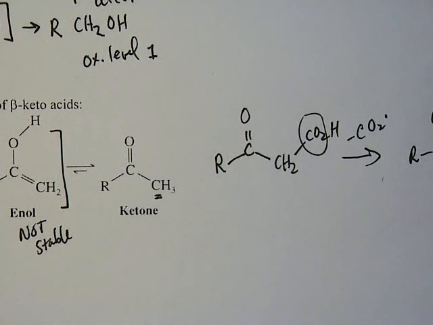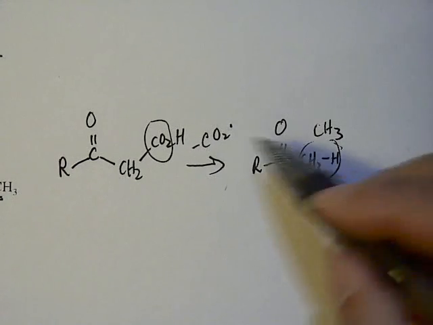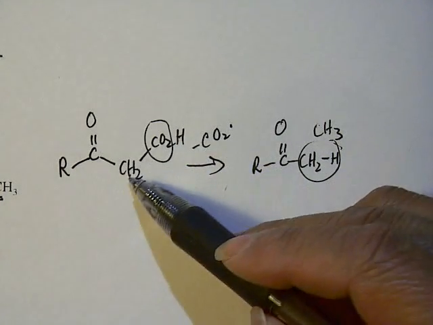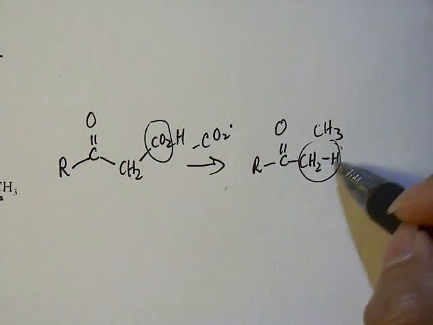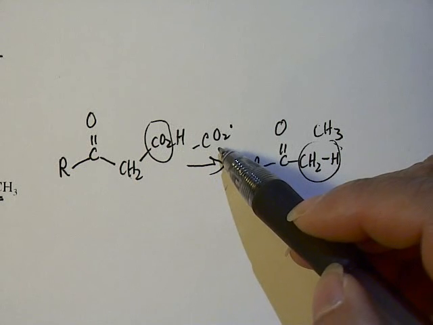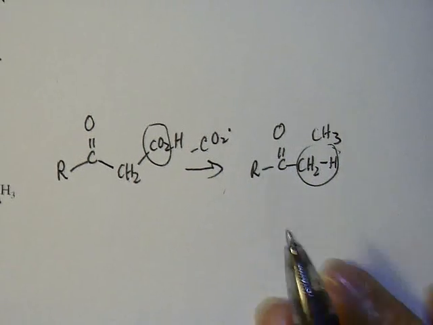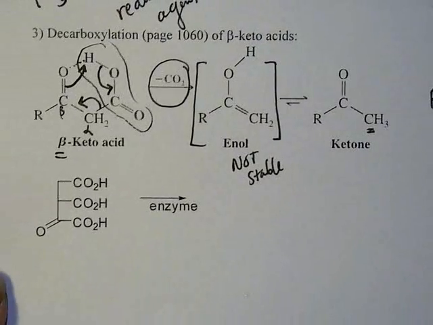In other words, this is CH3, because this hydrogen essentially goes back to this carbon. So you are basically extruding out the carbon dioxide. And this is how we make carbon dioxide when we metabolize food.